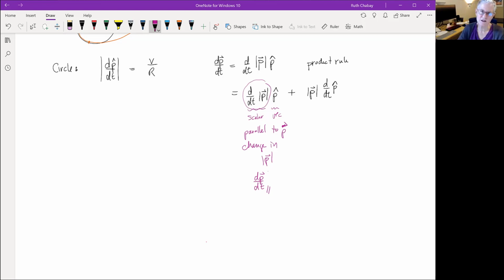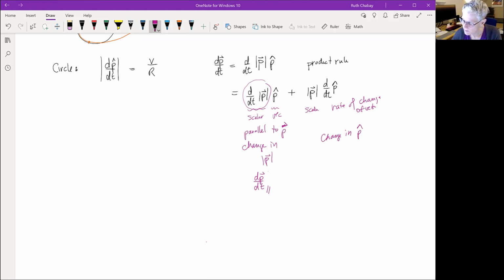Because we can write dp/dt as the sum of two vectors that are parallel and perpendicular to p, just like we did with F. This piece is a scalar times the rate of change of a vector, which is itself a vector. This is the rate of change of a vector. And this piece is the change in direction without affecting the magnitude.